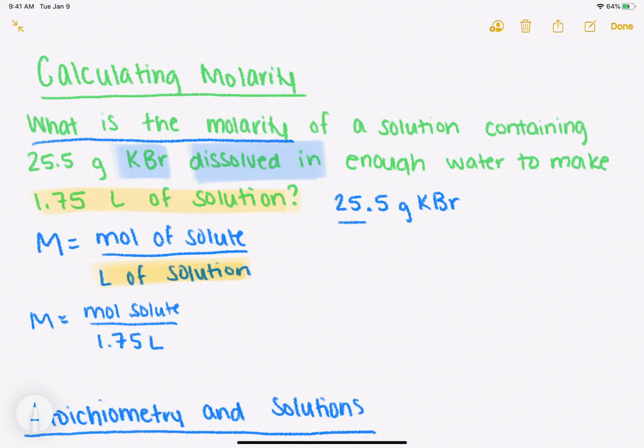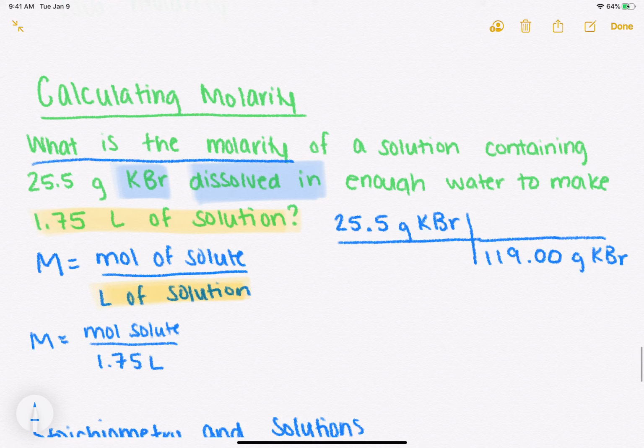So if we start with 25.5 grams of KBr, we can use the molar mass of KBr, which is 119.00 grams. And again, I always write the names of the entire chemical into the box.